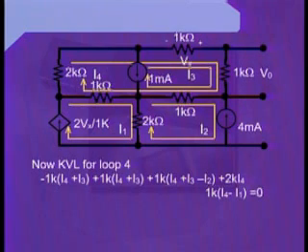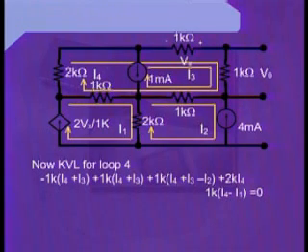Therefore, writing that formula into this equation, instead of writing Vx, we can write minus 1k into I4 plus I3. This is due to the reason that we can see there are two currents, I3 and I4, which are passing through the resistance 1 kilo ohm. Also, these two currents are flowing in the same direction, hence we had to sum them up.